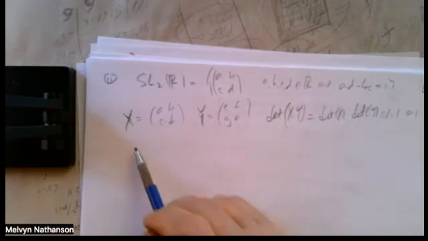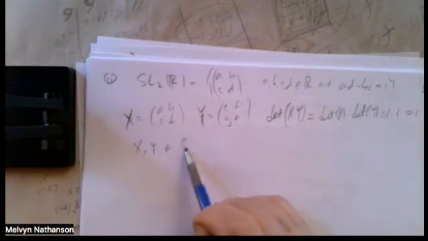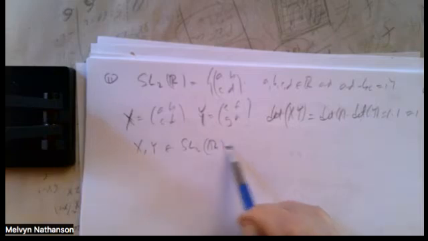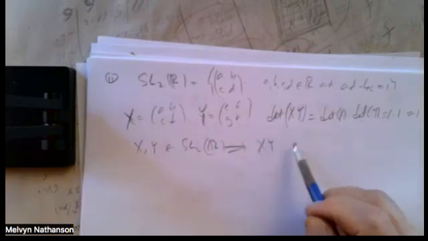So if X and Y are in SL2R, then the product X times Y is in SL2R. So this set of matrices is closed under multiplication.